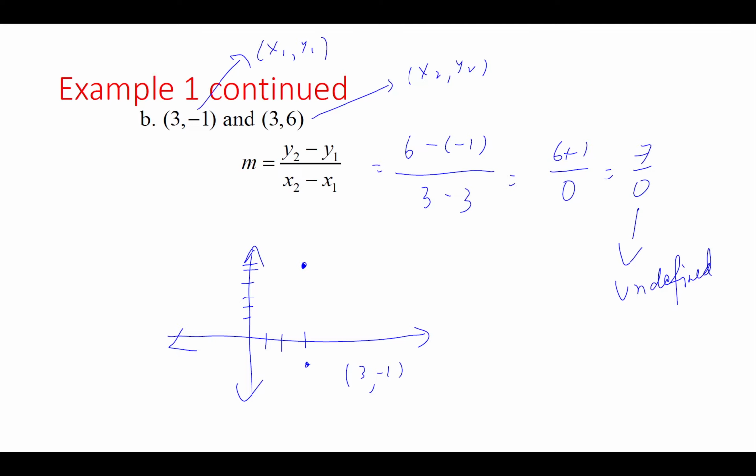If you try to join these 2 points, this is the graph of a line that's called a vertical line. So you get 0 in the denominator for the slope of a vertical line, and this slope is called undefined slope.